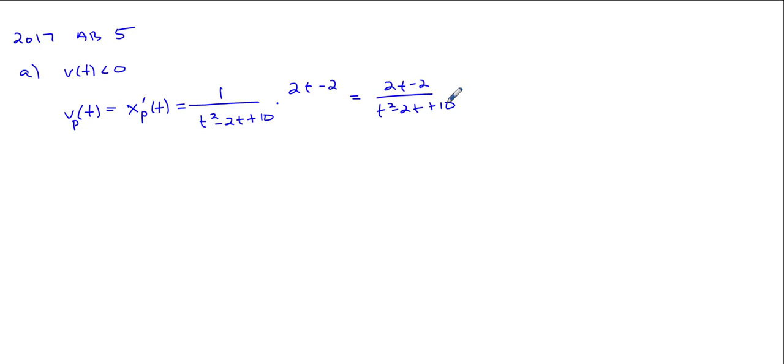Velocity, yeah, that's what I'm looking for. And that would be true where it crosses the x-axis, when it's 0. Now we need to figure out, because this is definitely a number line problem, guys, where the velocity is 0 and then figure out what the velocity is between those zeros. So for a fraction, the fraction is 0 when the numerator is 0. So set the numerator equal to 0.